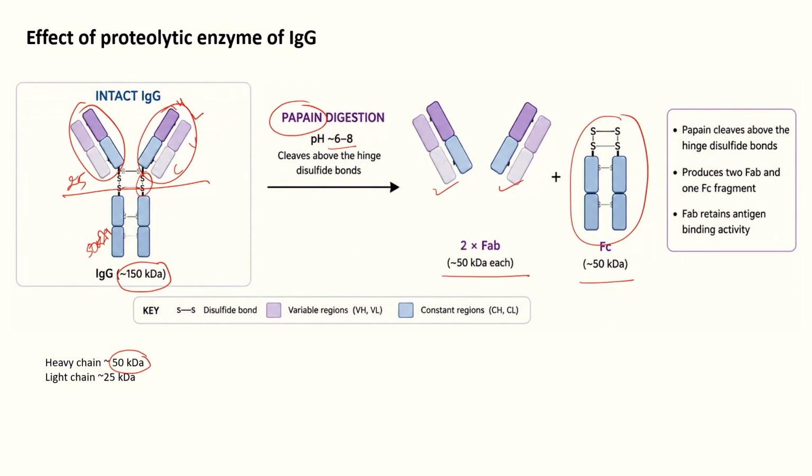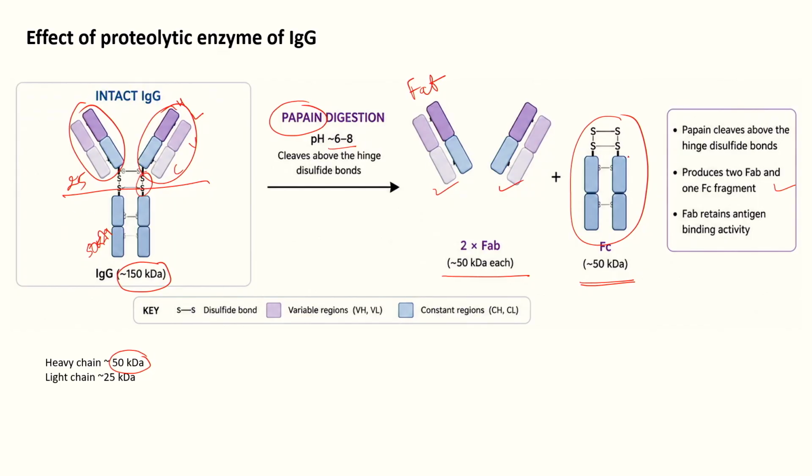Now here is the summary of the treatment. When papain is added to the system, papain cleaves above the hinge region, at the disulfide bond, and then we create 2 FAB and 1 FC fragment. Basically these are the FAB fragments, and one is the FC fragment, which is called the crystallizable fragment.